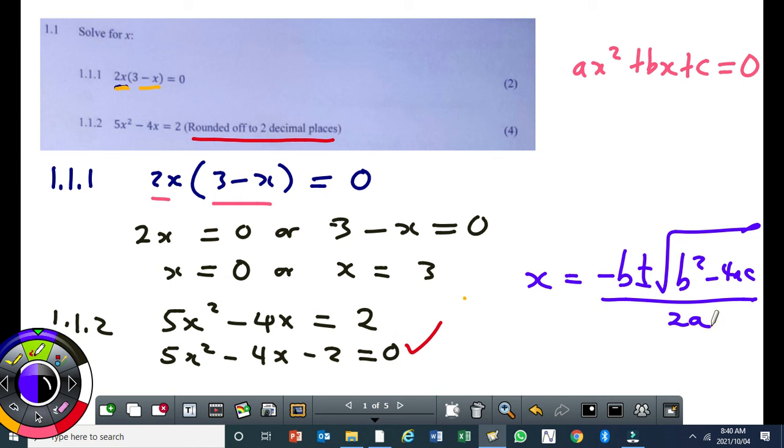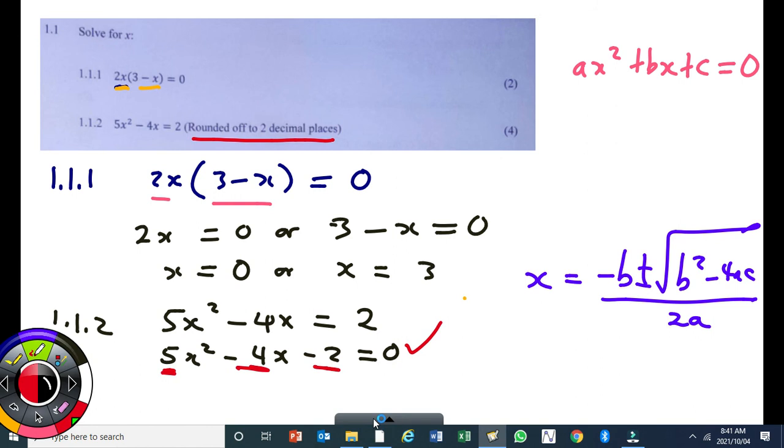So here, this 5 is a. That minus 4 there, that's the b. This minus 2, that's the c. So you can write a is equal to 5, b is equal to minus 4, c is equal to minus 2.